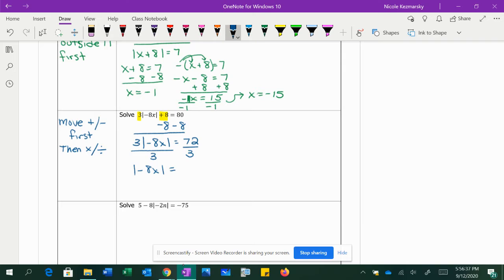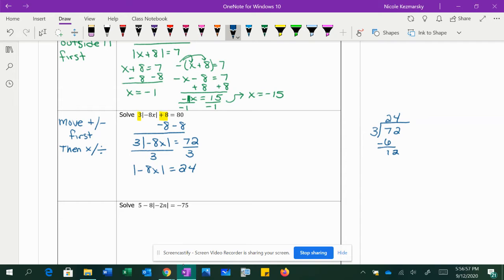I'll do it over here. So I'm going to do 3 divided into 72. 3 goes into 7 twice to get me 6. 7 minus 6 is 1. Bring down the 2. 3 goes into 12 4 times, and so I get 24.